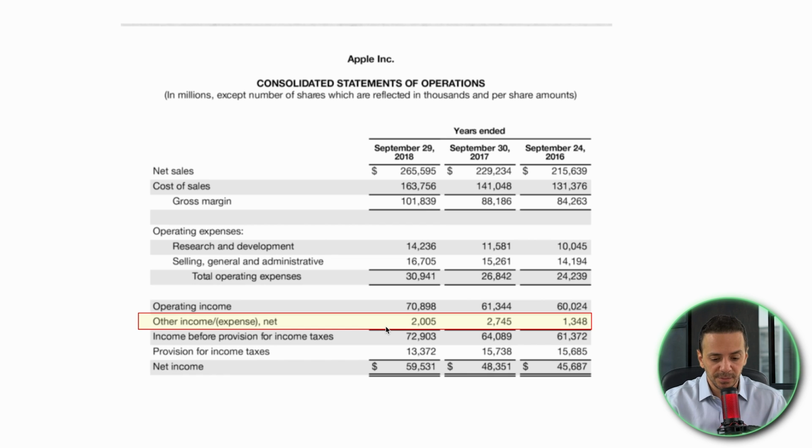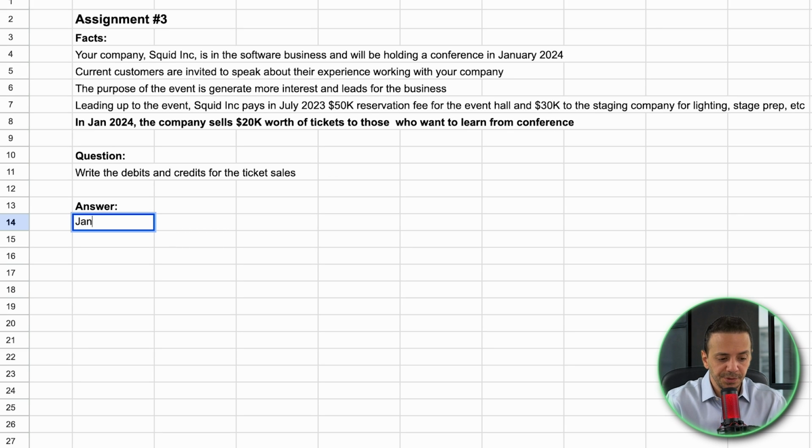So let's go ahead and write the debits and credits for this transaction. Our financial period is January 2024, and we have two choices.